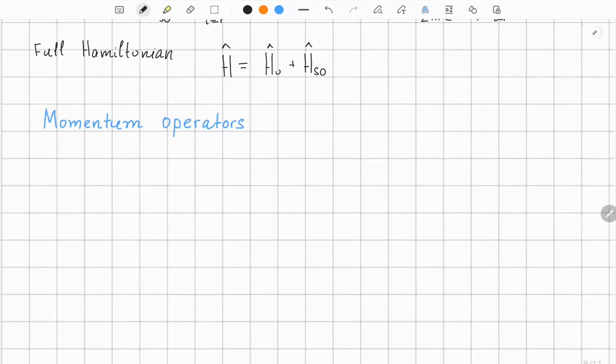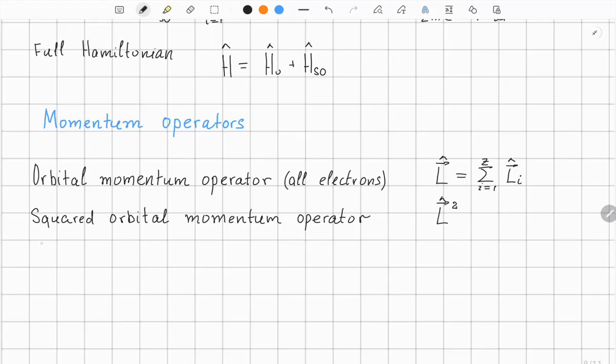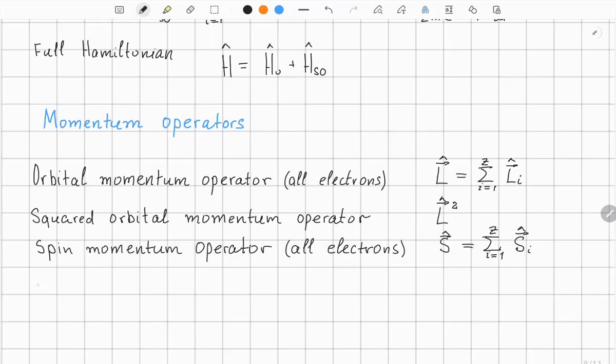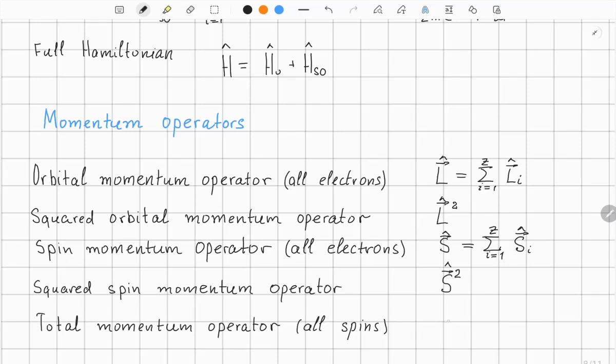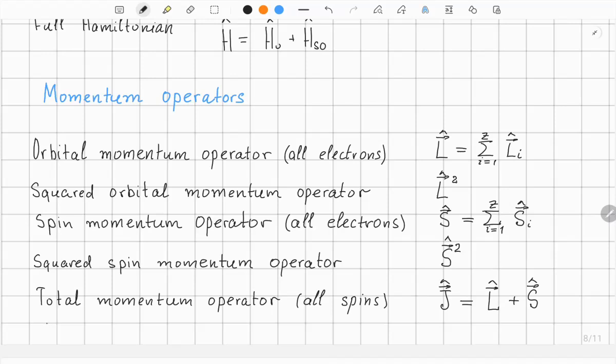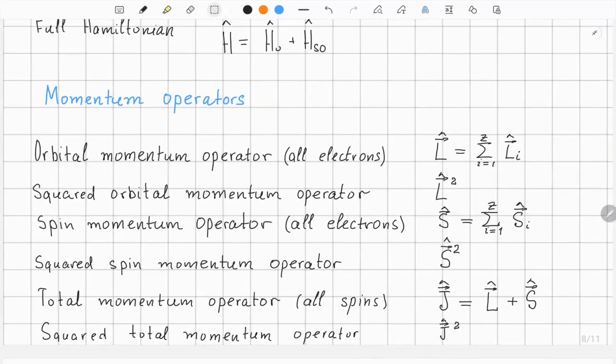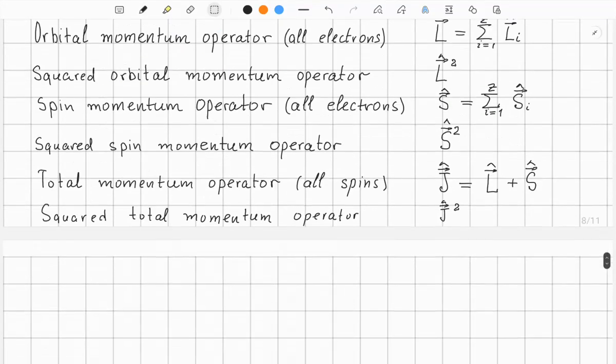In our analysis, we consider the total orbital angular momentum operator of all electrons L and its square L², the total spin angular momentum operator S and its square S², as well as the total angular momentum J, defined as J equal L plus S, and its square J². I will start with the zeroth order approximation Hamiltonian H0.